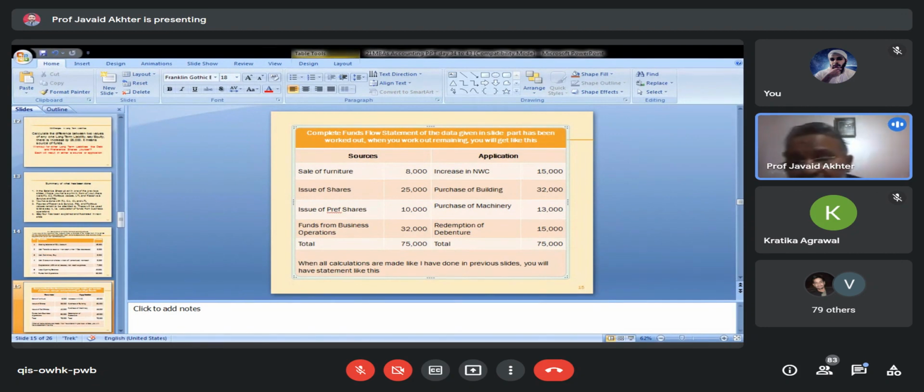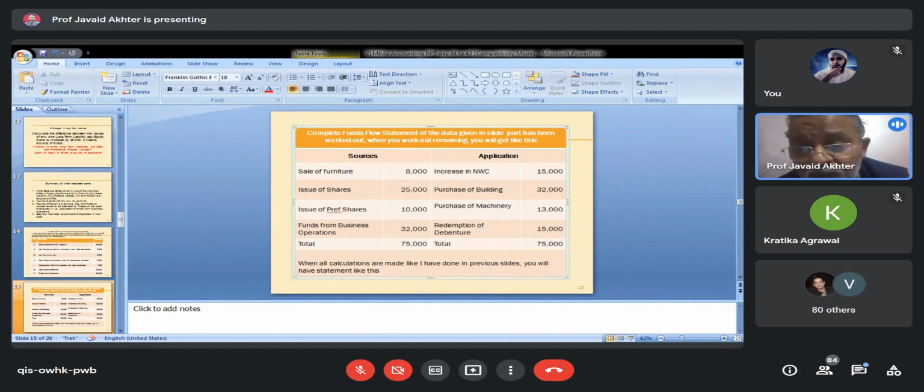These show the financial well-being of a company, which will be known to people only once a fund flow statement is prepared. Again, if you saw the profit in the balance sheet, it was just 10,000 or 5,000, but in reality the profit was 32,000.